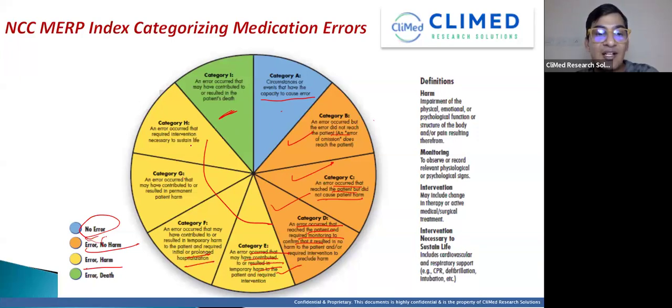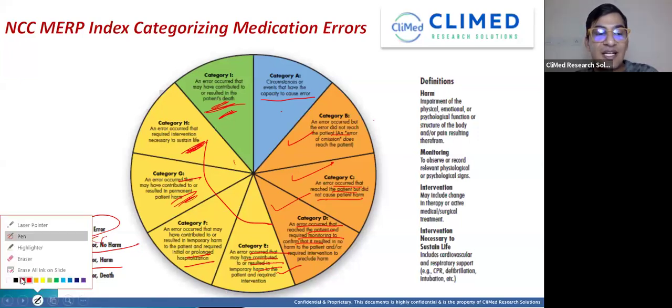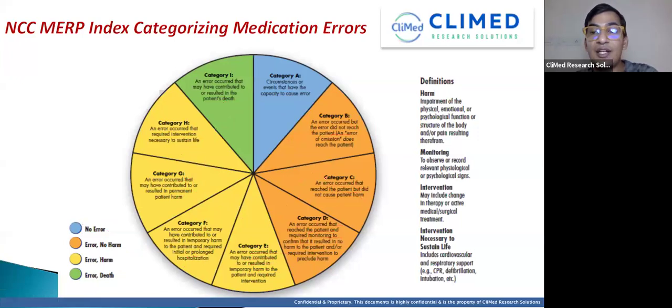Okay, and G, H and I are permanent harm, permanent disability, intervention which is needed to sustain the life, and death, right? So these are the things we must know about the error classification. I have given you multiple examples in that area, and you will give me the examples, and I will give you the entire case to discuss with me.